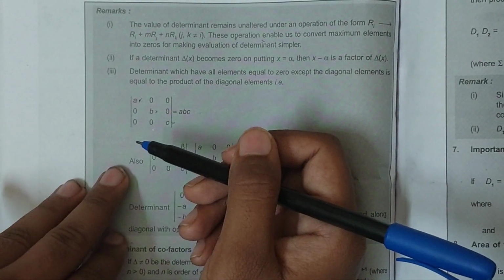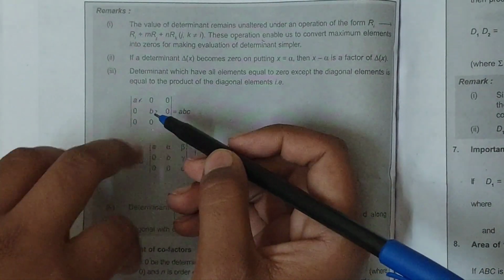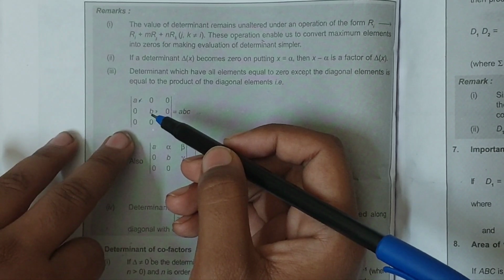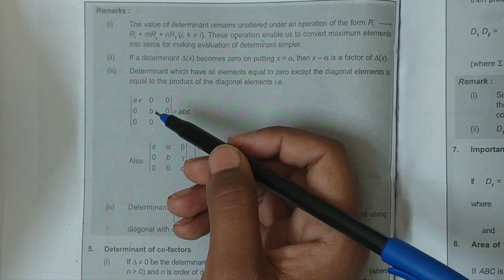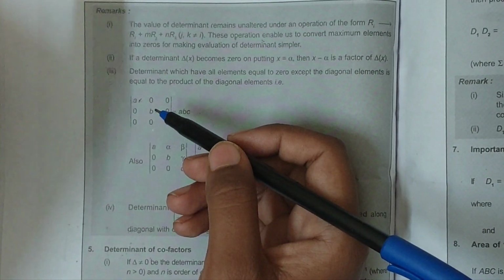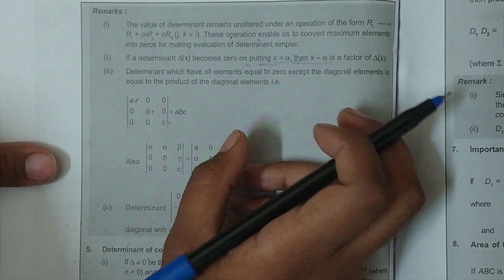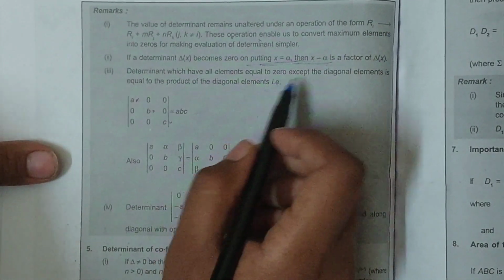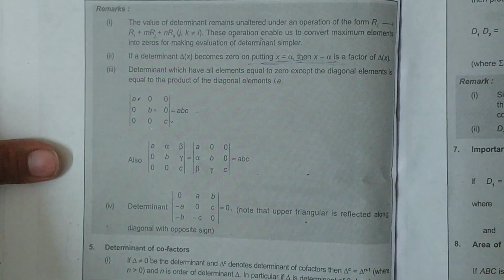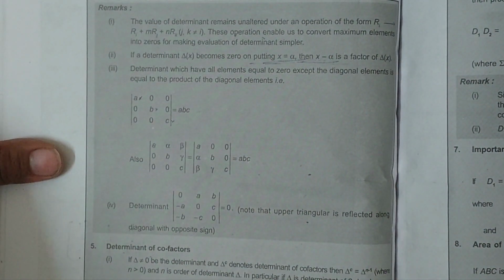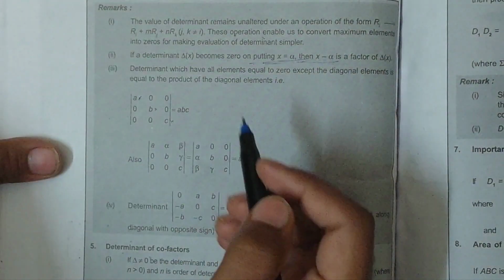So that means if we put x equals 0, then x is a factor of that determinant. If on putting any value of x you get 0, that means it is the solution or the factor of that determinant.